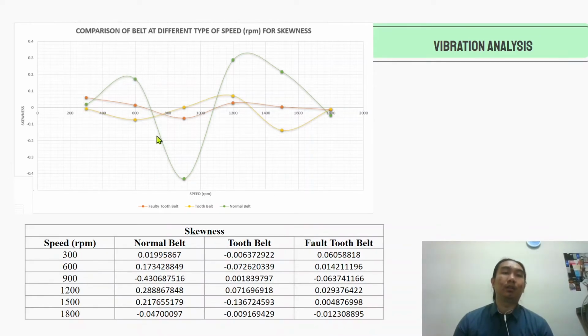This is the graph for the skewness, where the graph for the normal belt goes a bit up and down. It dropped significantly at 900 rpm, and then goes up again at 1200 and drops again.